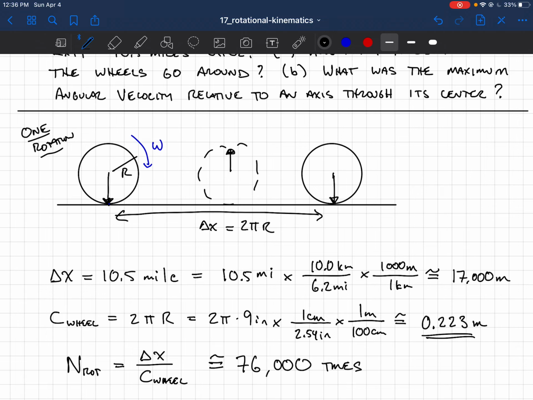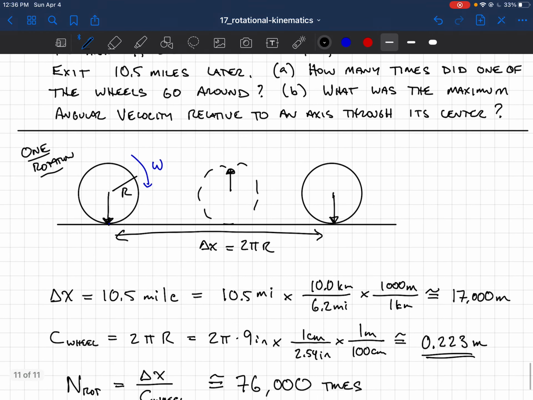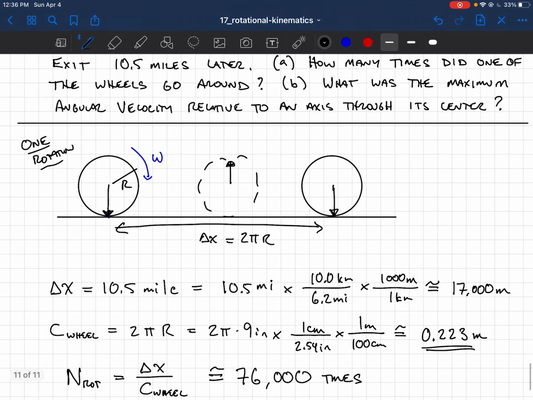22, that sounds wrong if it's 9 inches. Seems like that's wrong. Let me check. We said the diameter is 18 inches, so we have a radius of 9 inches. So 2 pi times the radius is the circumference, so it's 2 times pi times 9.